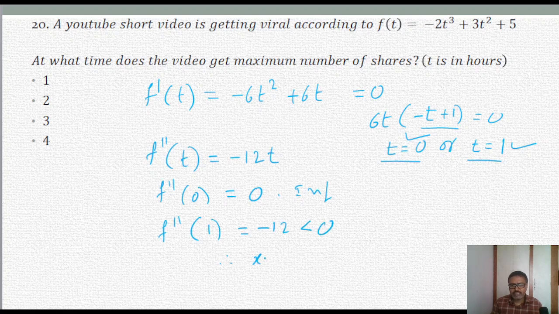Therefore time is equal to 1 hour is the point of local maxima. So our option for this question is also, friends, 1. So at 1 hour the share of this YouTube video is maximum.